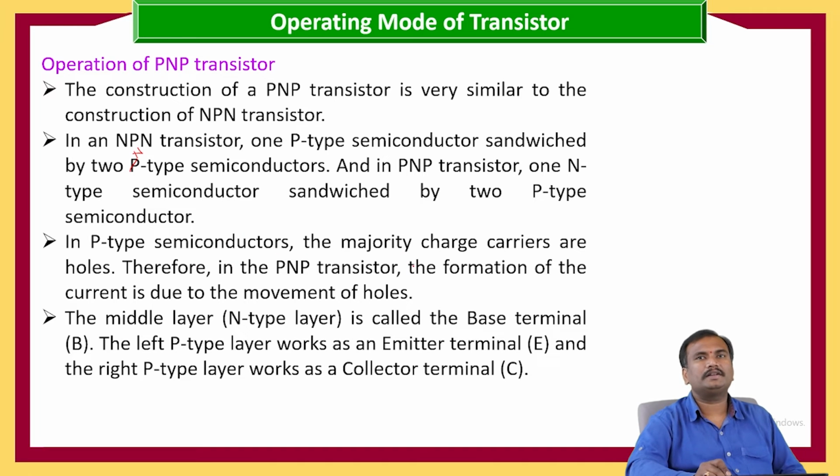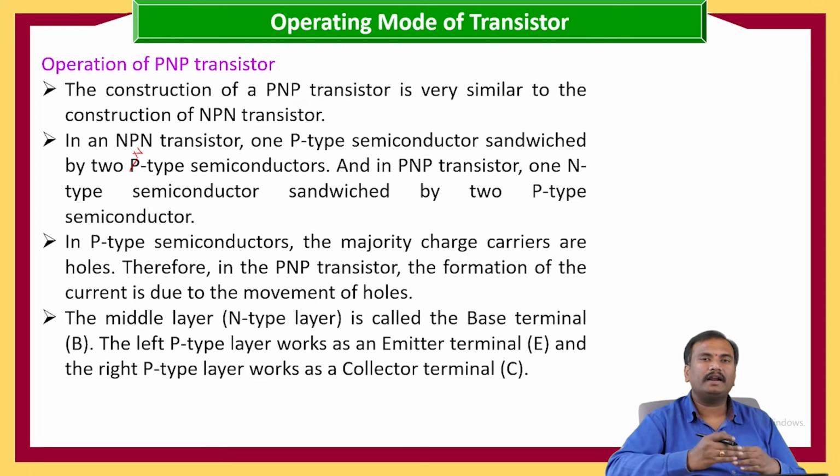In p-type semiconductors, the majority charge carriers are holes. Therefore, in the PNP transistor, the formation of current is due to the movement of holes, as we have just seen. The middle layer is called the base terminal. The left P layer works as the emitter terminal and the right P layer works as the collector terminal.